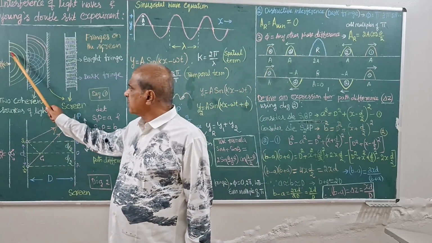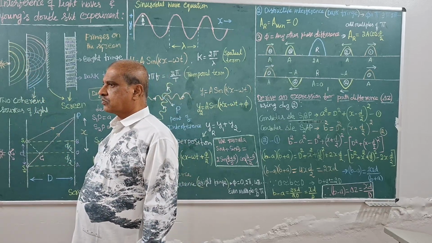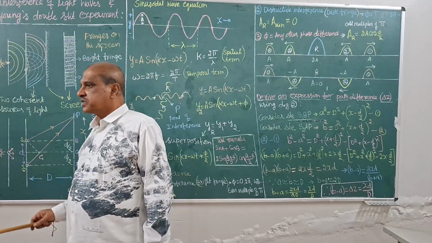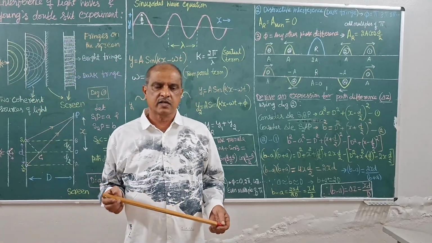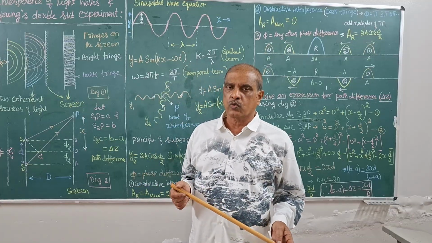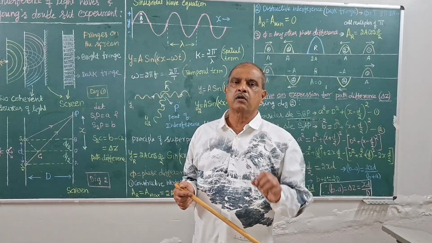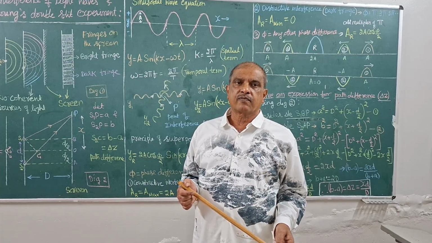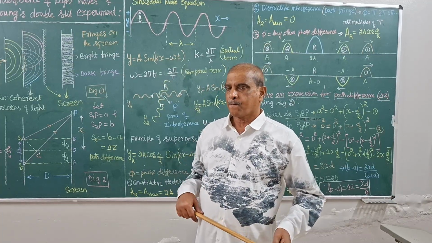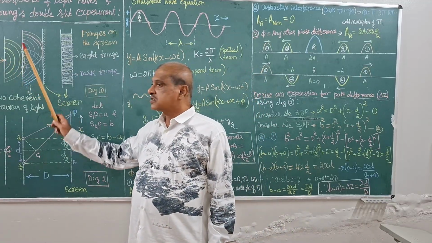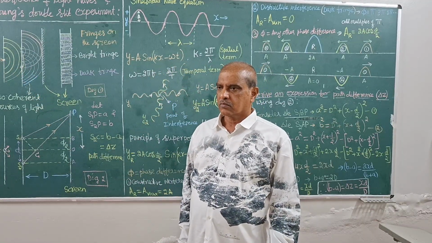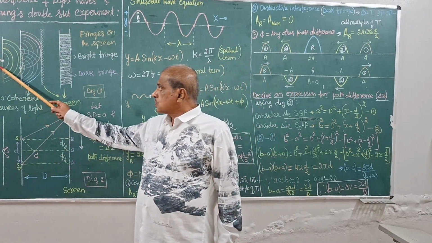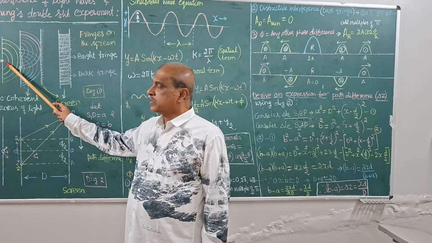What is this diagrammatic representation? When the light passes through the slit, what should be the size of the slit or hole? An extremely small hole. The size is of the order of the wavelength of light. In that small opening, if the light passes through it, what happens?